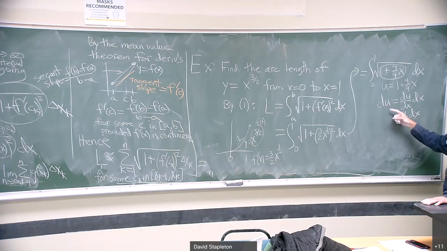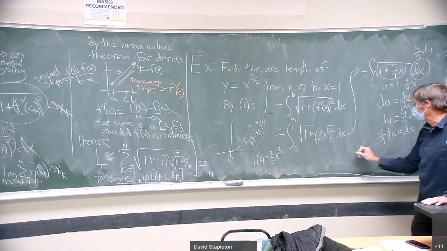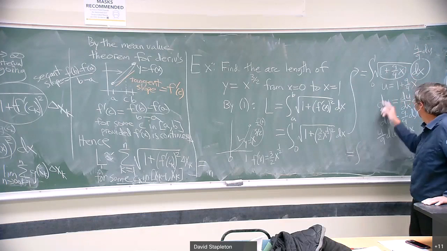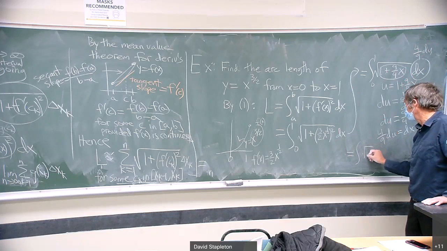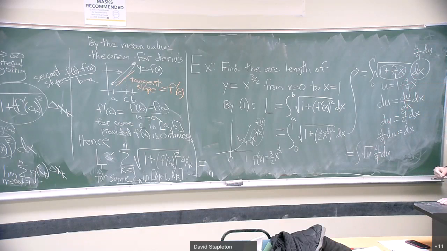And if du is equal to 9/4 dx, I multiply by 4/9 and say 4/9 du can replace dx. So that's the substitution. I'll substitute out dx, replace it with 4/9 du. And I'll substitute out 1 plus 9/4 x and put in u. Now this becomes the integral of square root u, much easier. 4/9 du. There it is. I can do that one. So there's a good substitution.